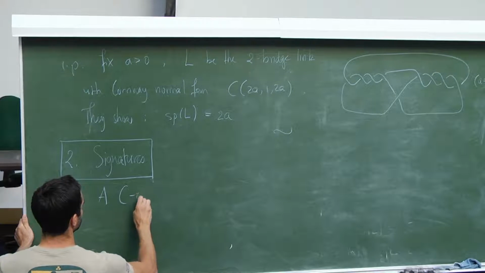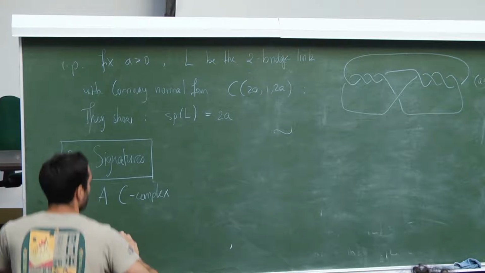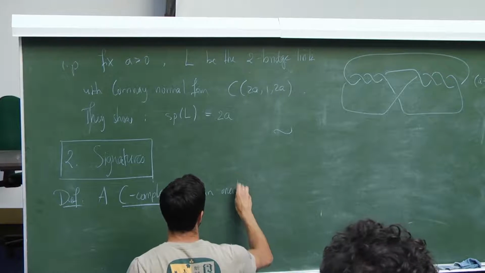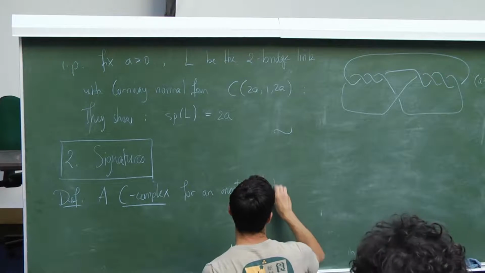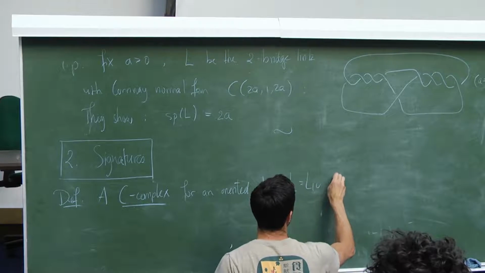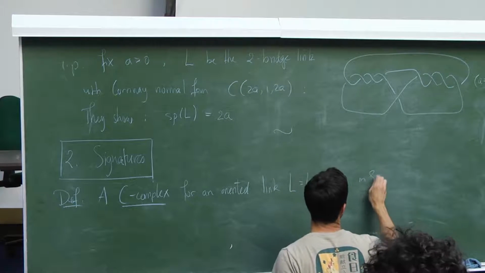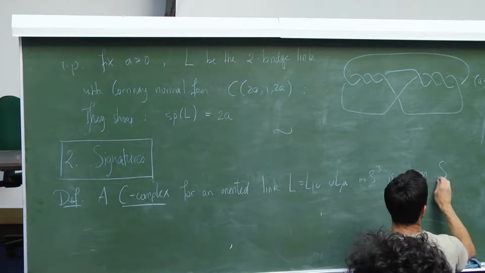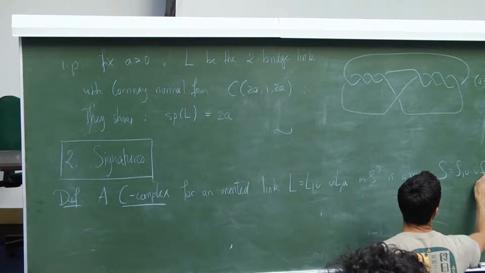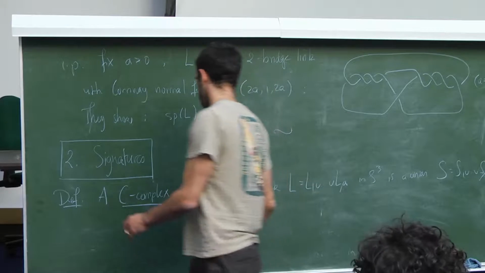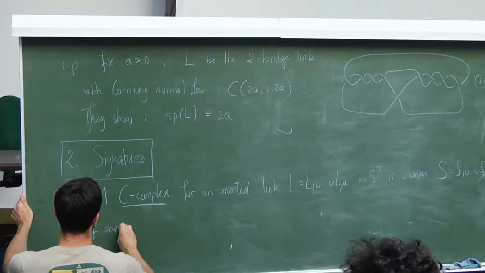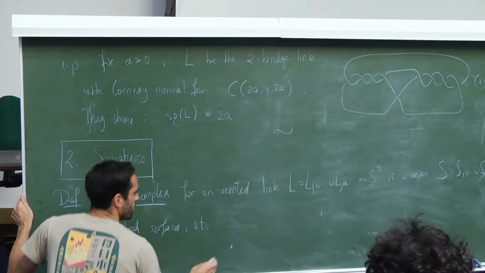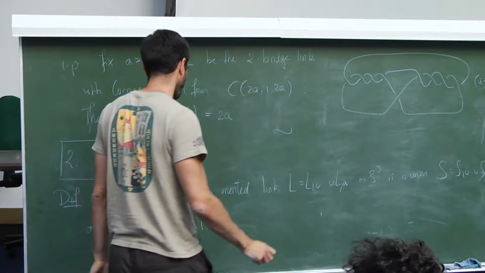A C-complex for an oriented link in the sphere is a union, let's say S, of oriented surfaces such that there are three conditions.